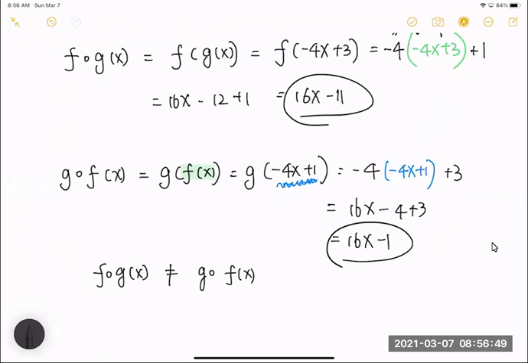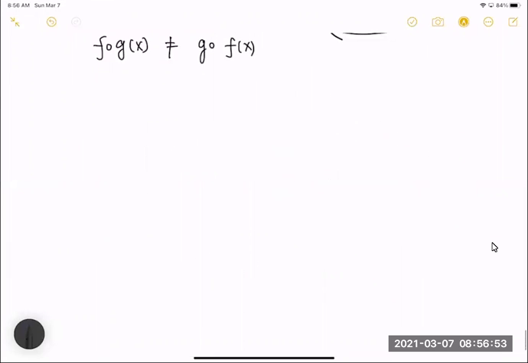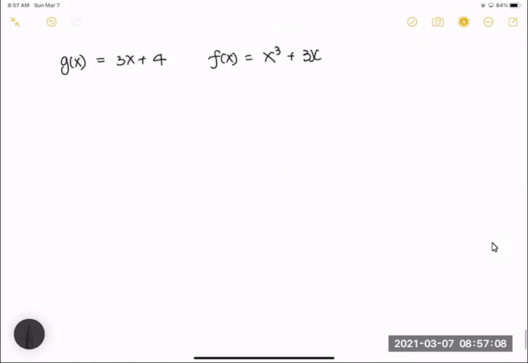Now, let's try another example. If I have g(x) equals 3x plus 4, whereas f(x) equals x squared plus 3x, and I want you to find f of g of x, or f composed with g at x.